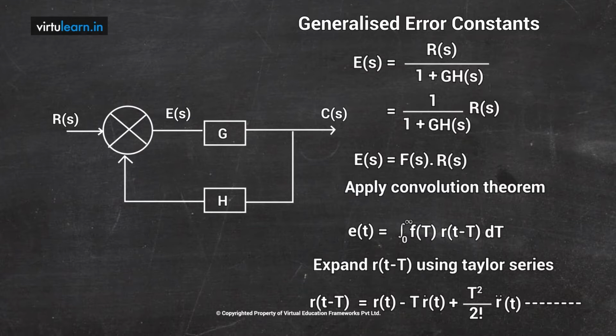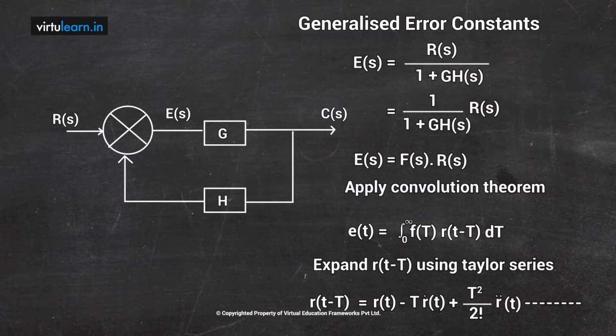So how can you write this E(s) equals F(s) into R(s)? When you apply the convolution integral, e(t) is equal to the integral from minus infinity to plus infinity of f(T) into r(t minus T) dT. Here in f(T) the capital T is the integration variable, and r(t minus T) has small t minus capital T. Now look at the integration: it is minus infinity to plus infinity as per the definition, but in control systems we always take time from 0 to infinity, not from minus infinity to infinity.